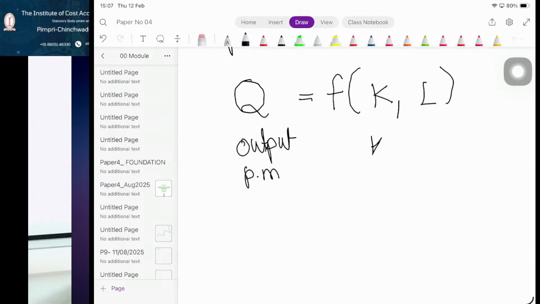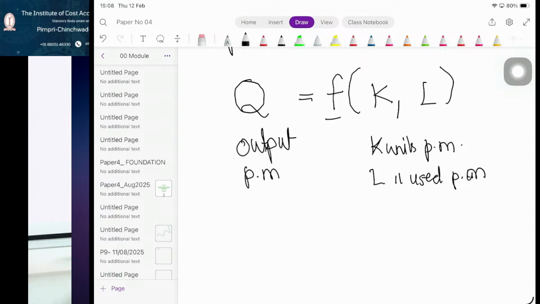Maybe capital units hired per month, labor units used per month. So this is a flow relationship. How much is the output produced and how much are the inputs used?